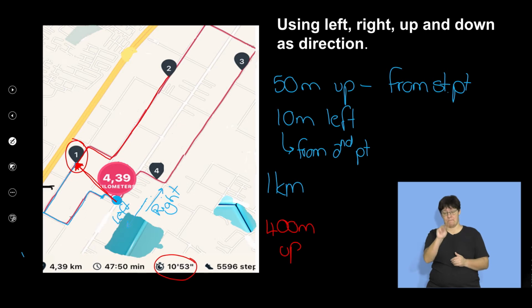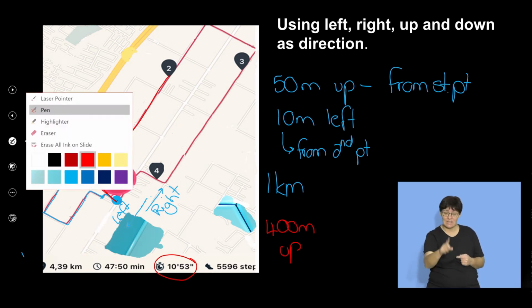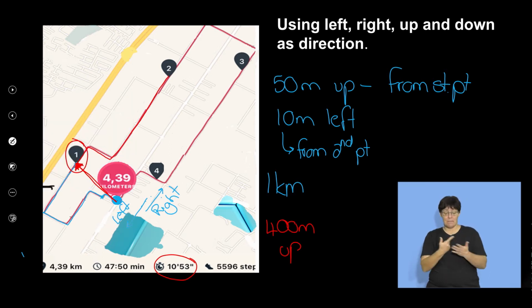So we've traveled a distance of 1 kilometer, but her displacement, now here, because of the way it was done, it's probably going to be close to 1 kilometer, but it's not, because her displacement is from there to there. It should be a straight line. So again, displacement ignores all the twists and turns, okay?